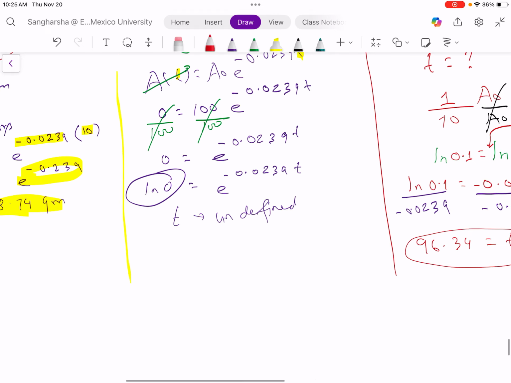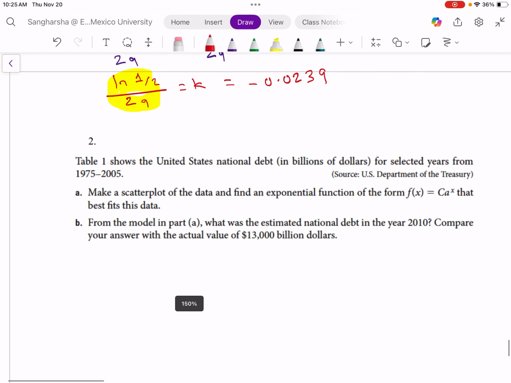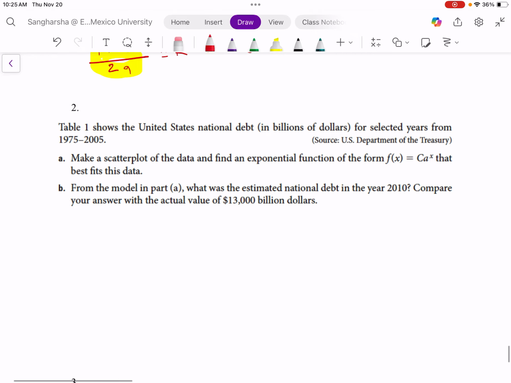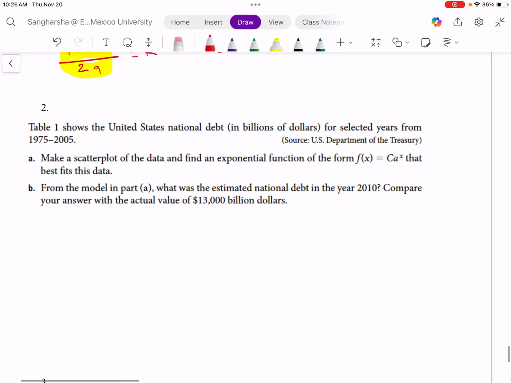Okay, so let's see what we have next. Here is table 1. We don't have the table here, let me draw that table. Now I think we need a calculator to find a graph here.